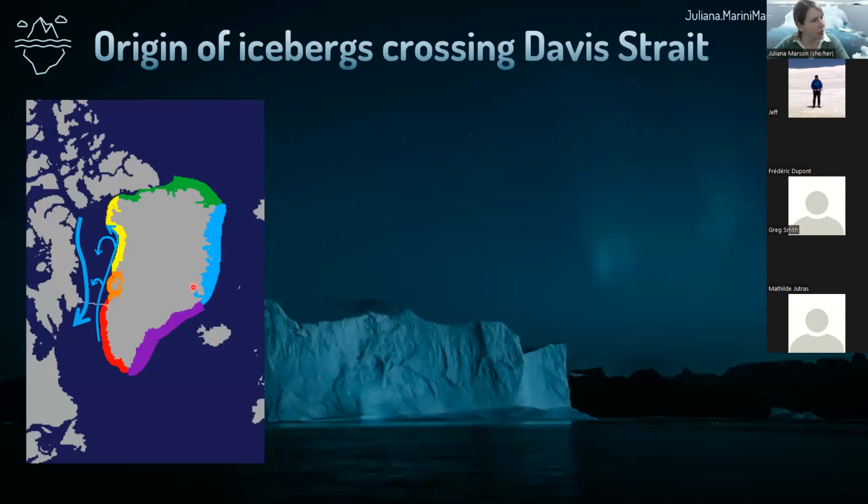Okay, so keeping in mind the general circulation around Baffin Bay that is represented by these blue arrows, one would expect that the icebergs crossing Davis Strait southwards are probably coming from the central west, the northwest, and the north sectors of Greenland.